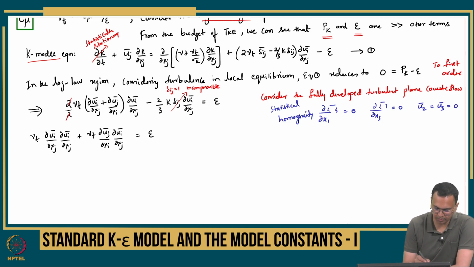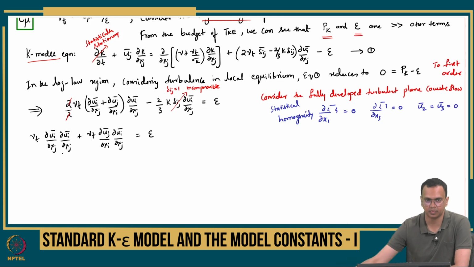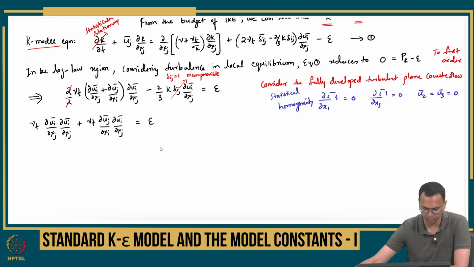So if I now expand these two terms, these are repeated indices. On the right hand side I have a scalar, so both of these two terms have to be scalar. i is repeated twice, j is repeated twice, so I need to expand this Einstein summation that you all know.